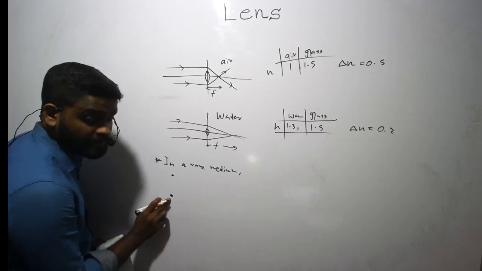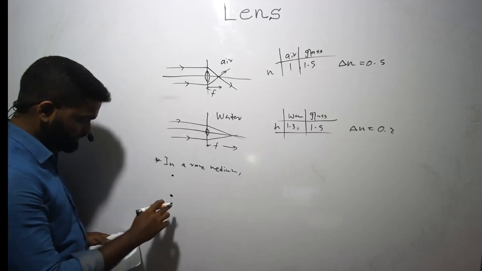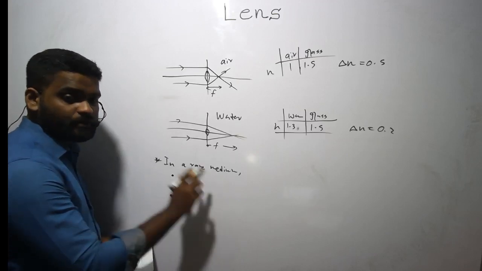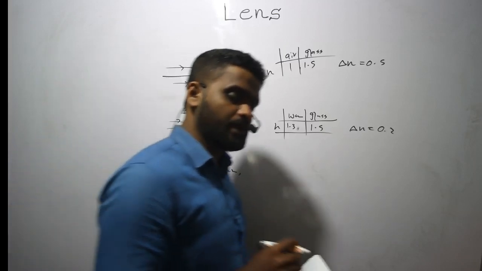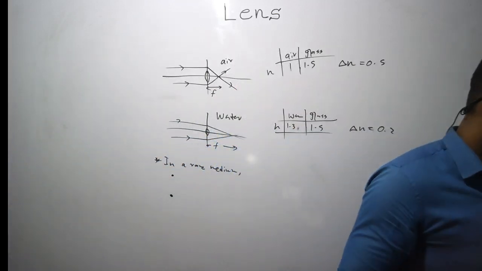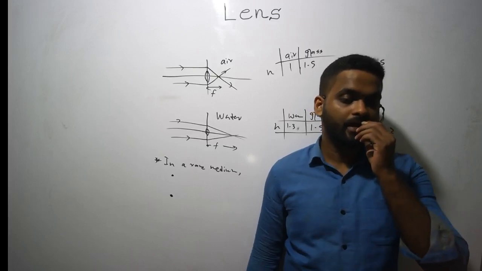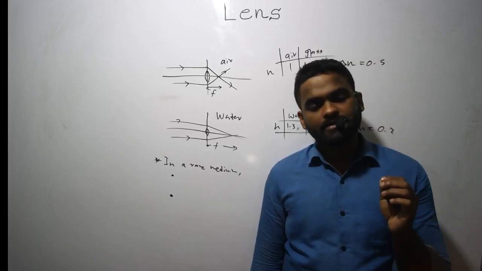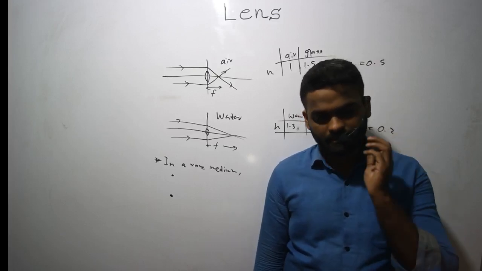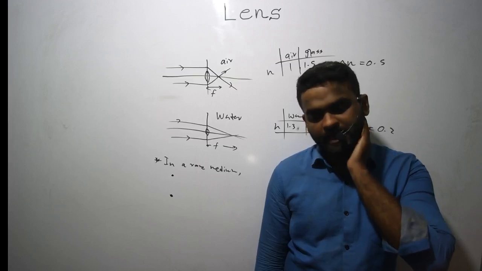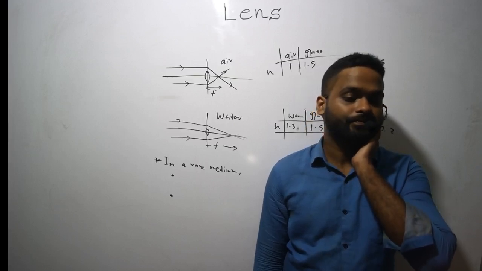Similarly, for another point, write down: concave lens shows diverging properties. Concave lens shows diverging properties.